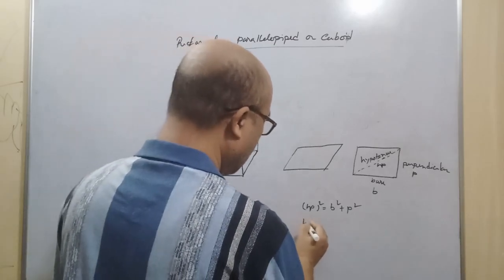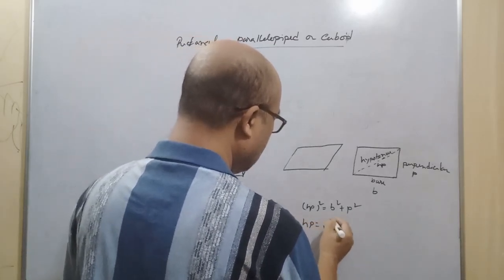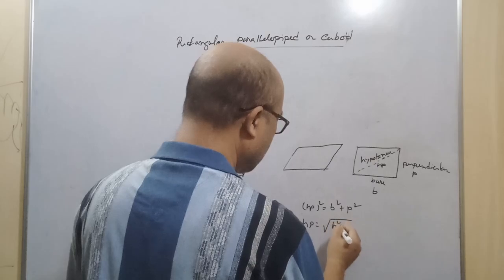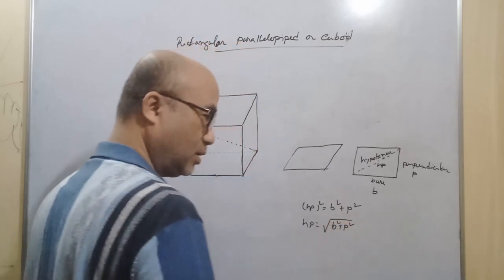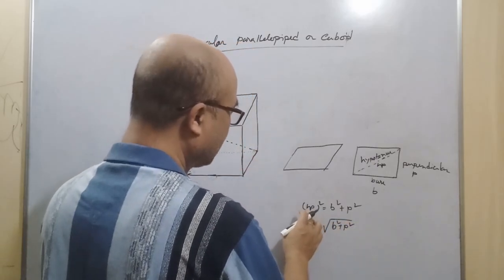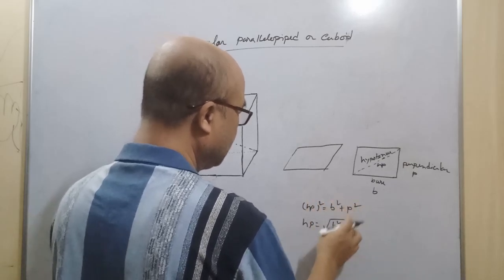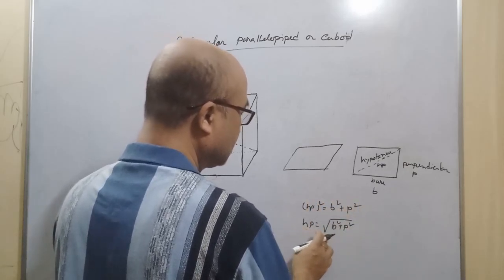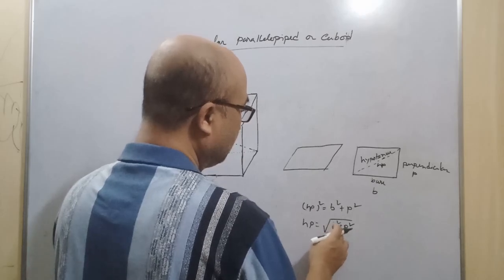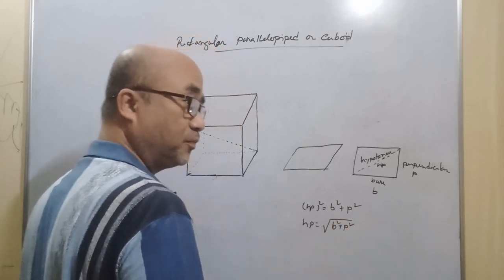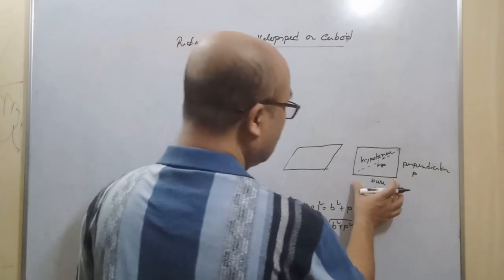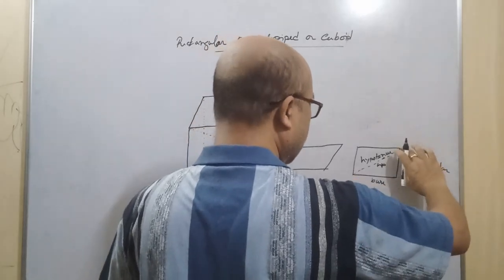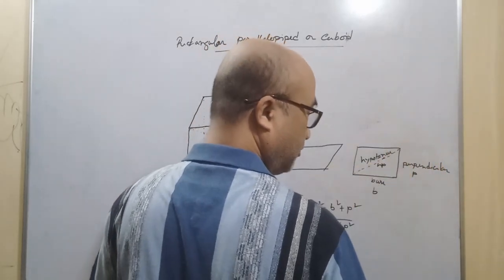So hypotenuse is equal to root over b square plus p square. If hypotenuse square is b square plus p square, then hypotenuse is square root of b square plus p square, right? So if we know this length and this length, we can find this length.